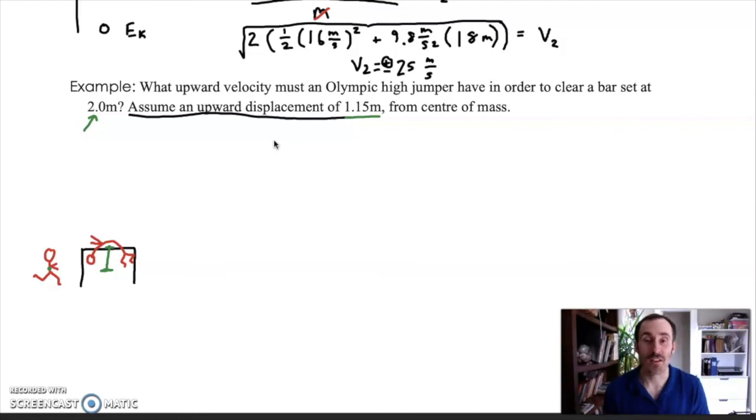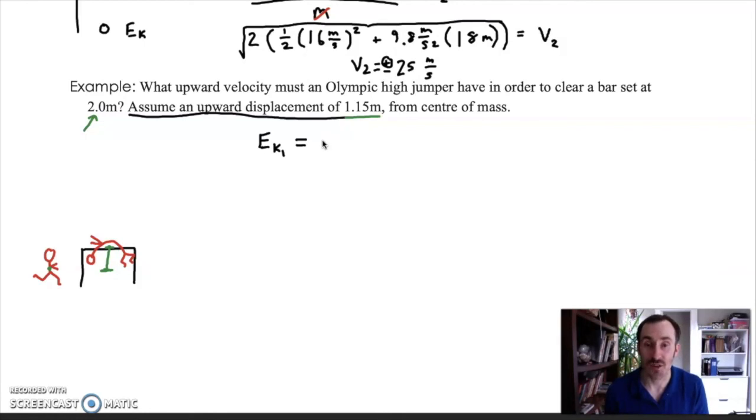So now we're looking at the law of conservation of energy again. At the beginning, we had kinetic energy, EK1, but we didn't have any potential energy. So I'm not actually even going to write it down on this side. So EK1 is equal to, at the very top, we now no longer have kinetic energy.